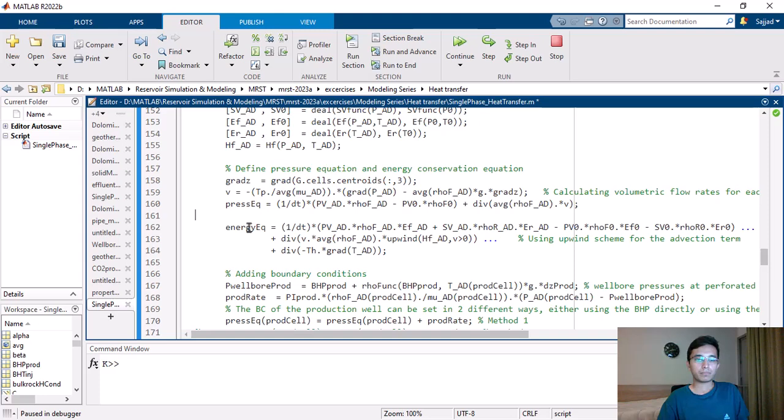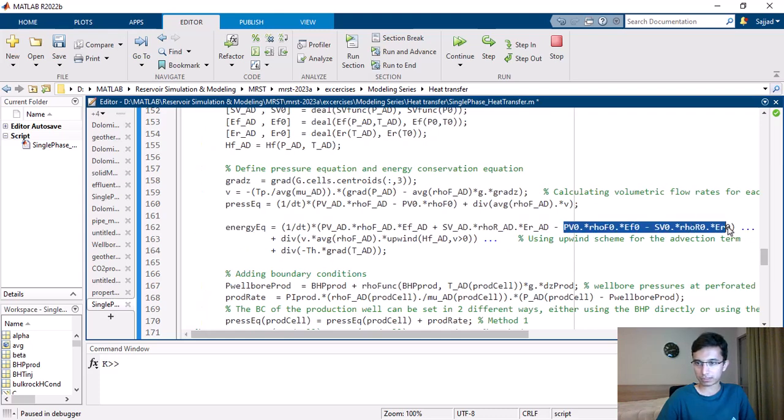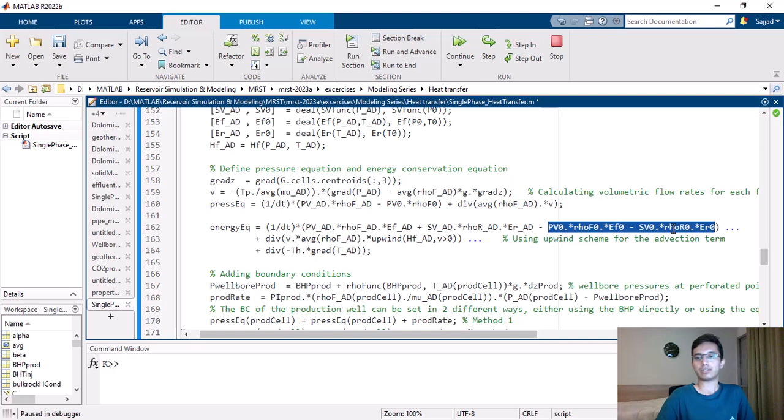And we also have the energy conservation equation, which is used for the calculation of temperature values in our porous medium. So this is the energy accumulation term. What we see in the first part of the accumulation term is for the current time step, and this is for the previous time step, which is actually the definition of the accumulation term, right?